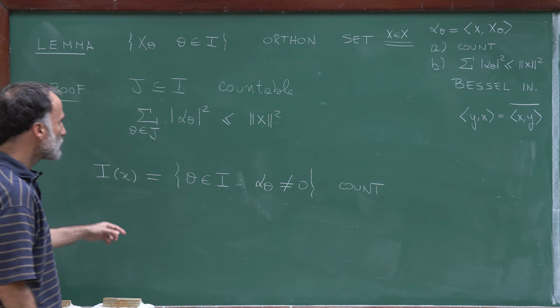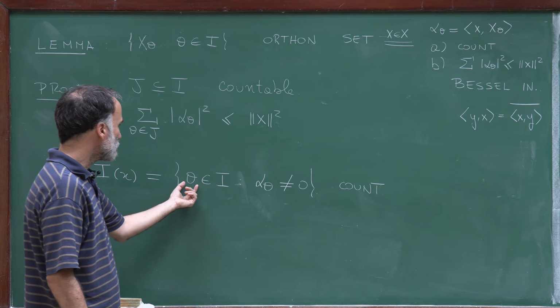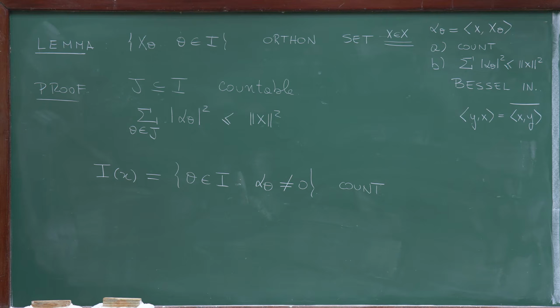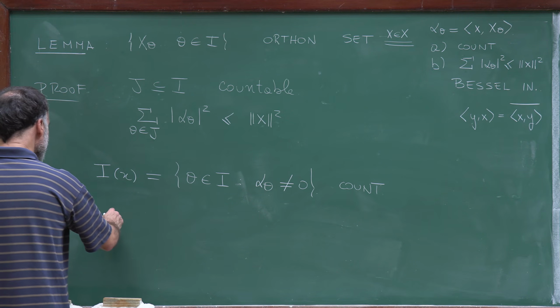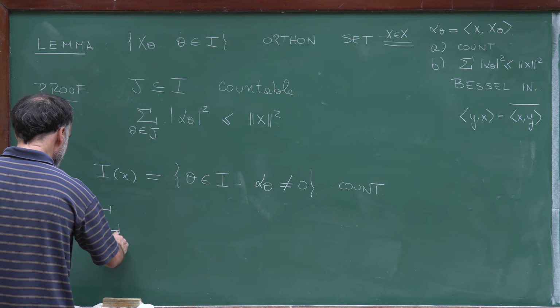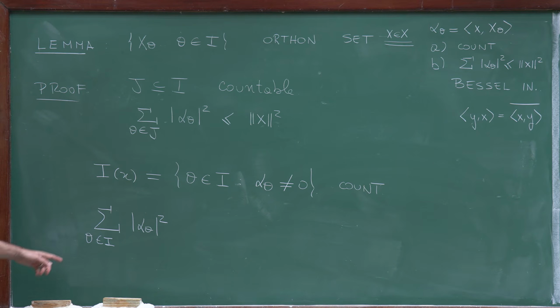So we just proved that if I represent by I of x the set of thetas for which alpha theta is different from 0, this set is countable. And now, therefore, I can write the sum over all theta in I of alpha theta squared.